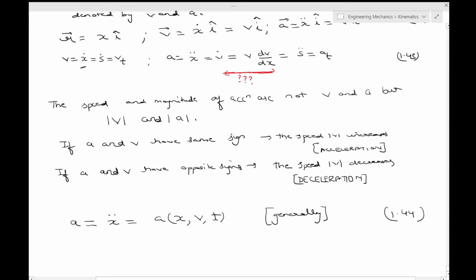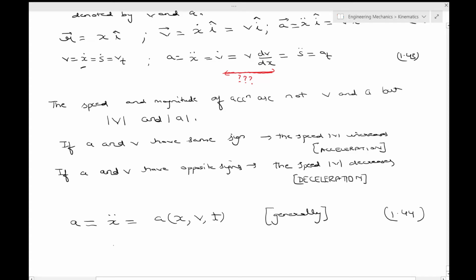So in a rectilinear motion, a can be a function of x, v, and t. This is the most general case. If you have this as a function given, maybe x squared plus t by 2 or something like that, and you want to find the position, you will have to integrate this, because this is d2x by dt squared, and you will have to integrate this twice.